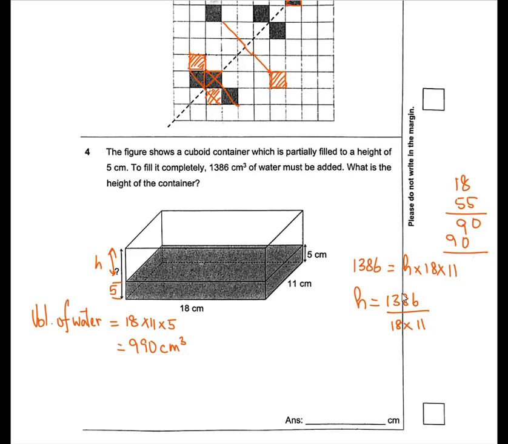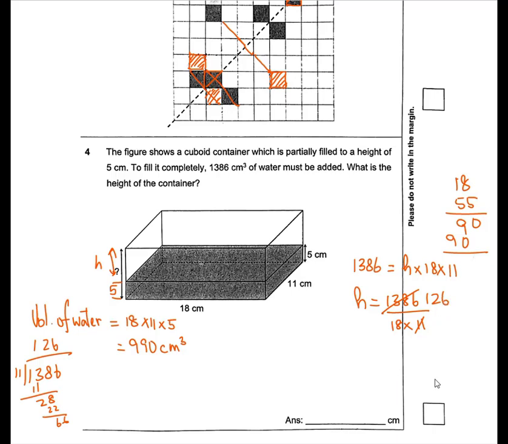Now we can figure out how to find this. Let's say, is this divisible by 11? Let me try. 1386 by 11: ones 11, so I have 28, 2 twos 22, I have 66, so 6. So basically this is 126.